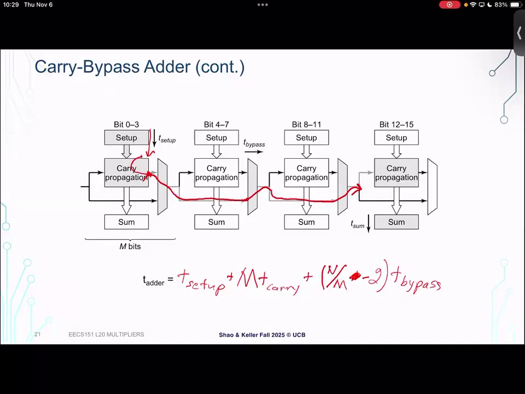We're not doing any other logic there. And then finally, we need to go through this last carry propagation block to get the bits needed to calculate the final sum. And so we have another M T carry, and then T sum at the end.